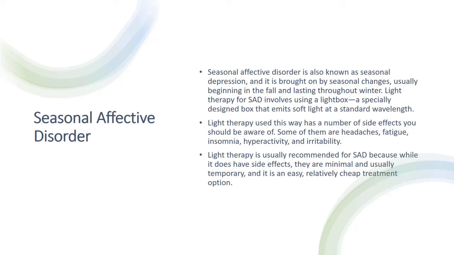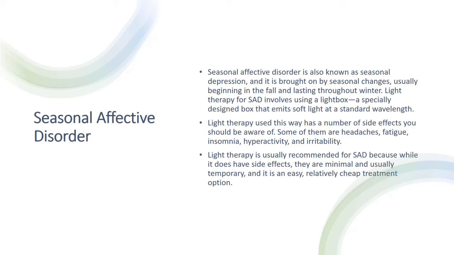Seasonal affective disorder. Seasonal affective disorder is also known as seasonal depression, and it is brought on by seasonal changes, usually beginning in fall and lasting throughout winter. Light therapy for SAD involves using a light box, a specially designed box that emits soft light at a standard wavelength.